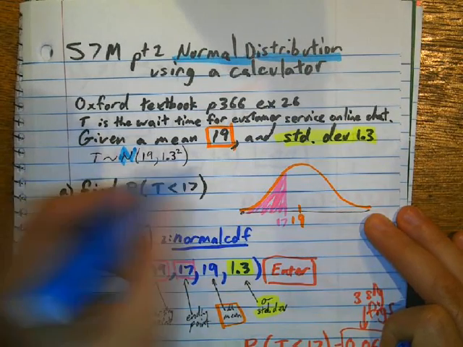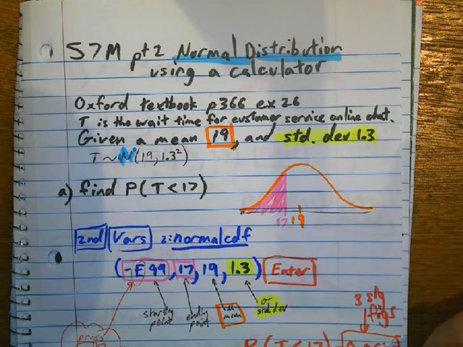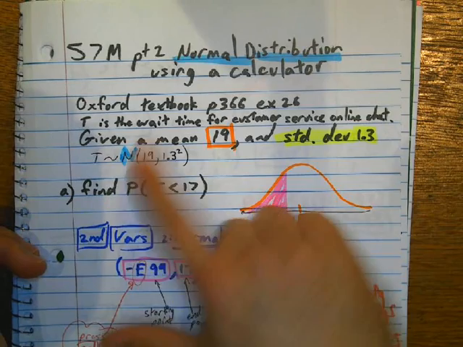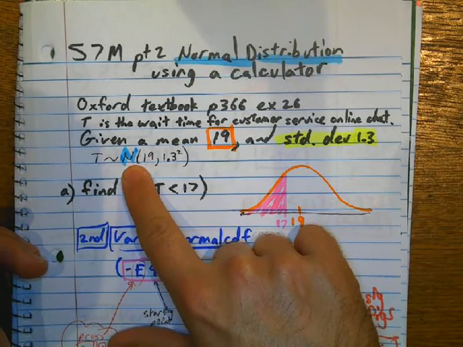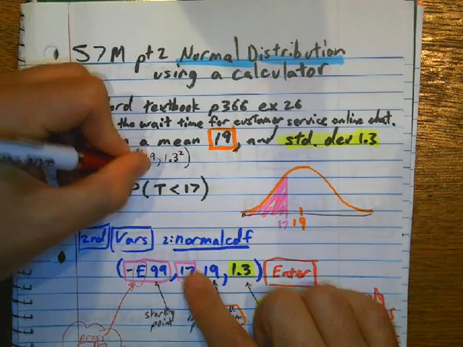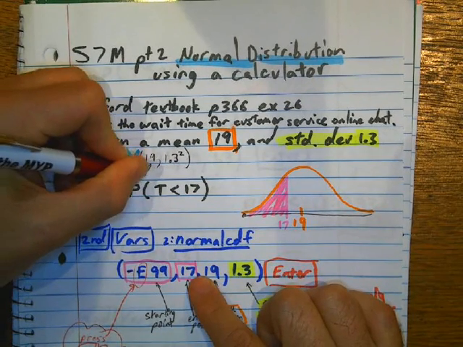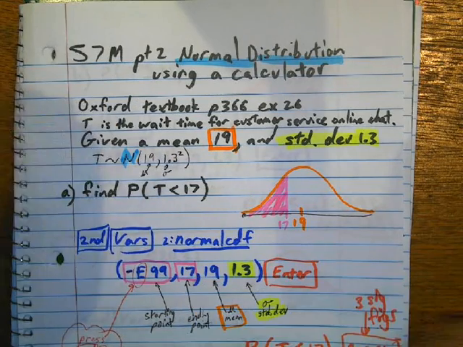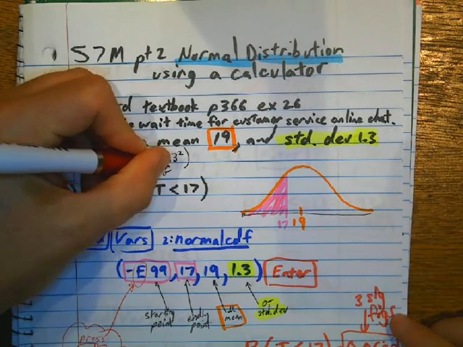If you see an N, that means normal distribution. If it was a B, it would be binomial distribution. The first value is the mean, and the second value is the standard deviation. It says 1.3 squared.